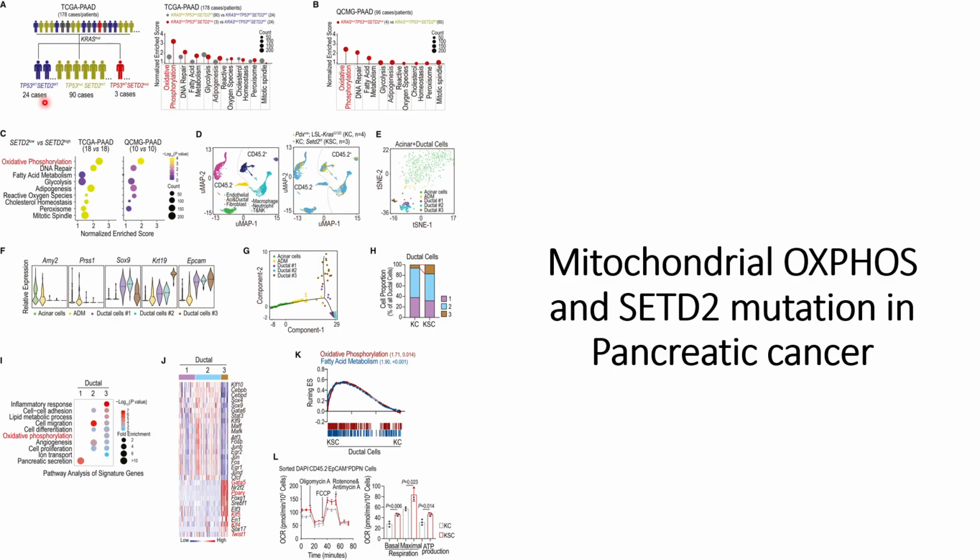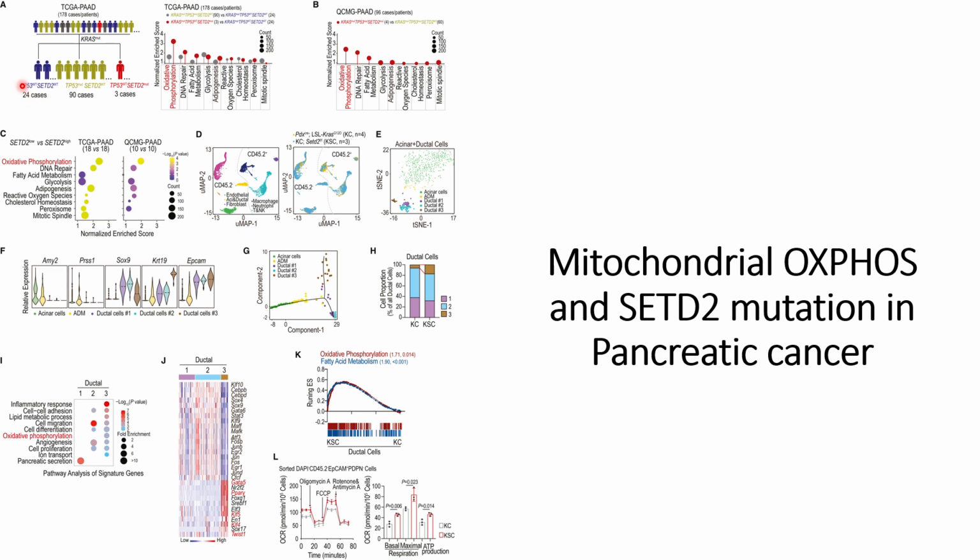Before going into that analysis, they first checked whether SETD2 mutations have any relationship with TP53 or not. What they found is that SETD2 mutations occur in patients regardless of whether they have TP53 mutations or not.